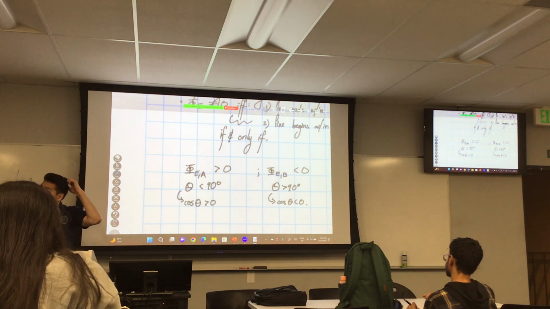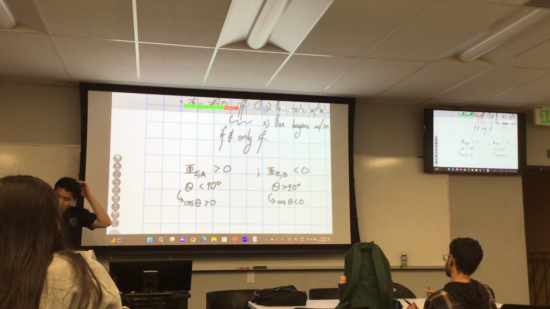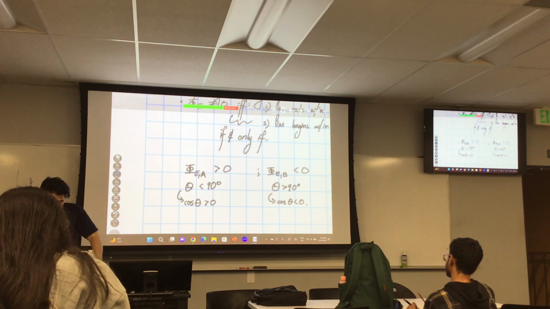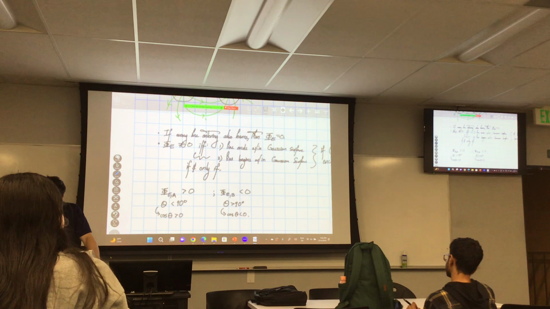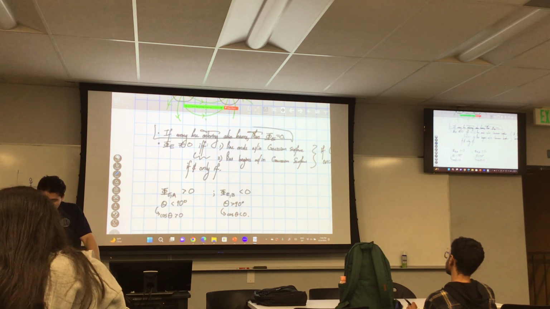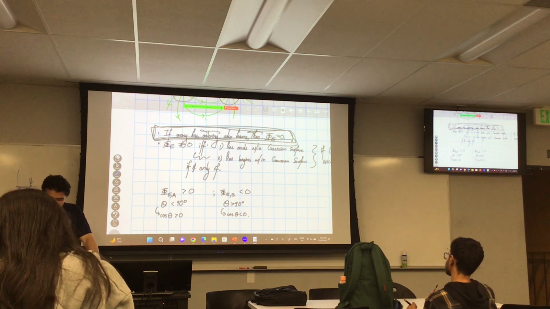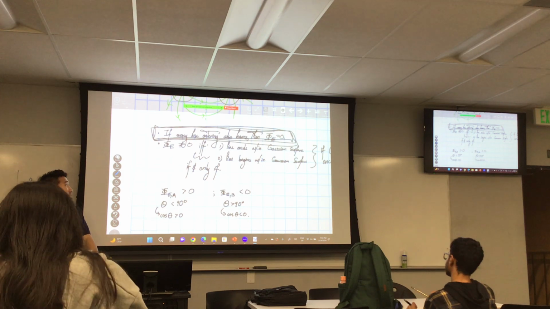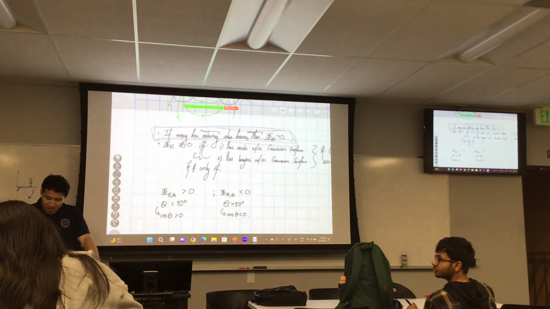Wait, so A is positive and B is negative, or other way around? A is positive and B is negative. But when would you get a scenario of that kind, with flux 0?